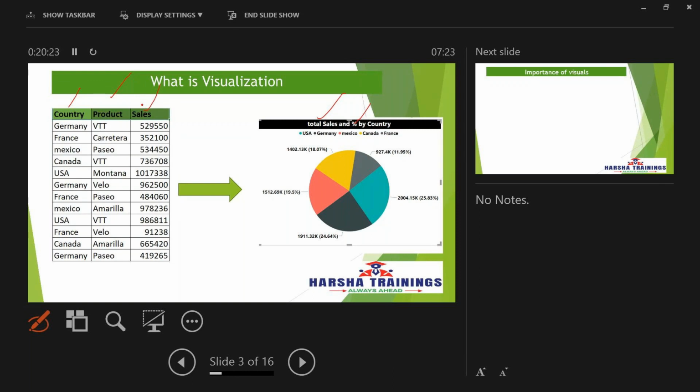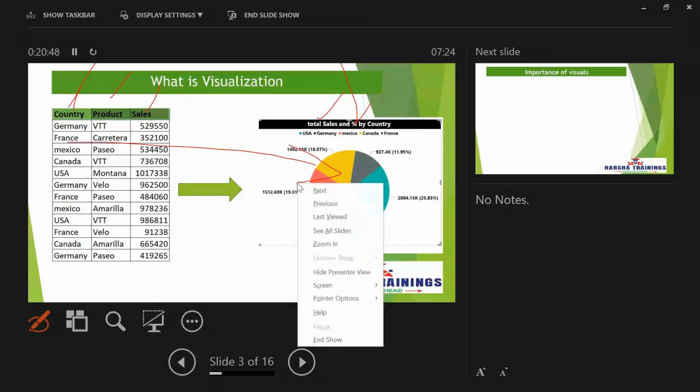What I did is convert this data into graphical form. It will be called a visualization. A representation of the data in graphical form will be called a visual. That's it about what is a visual.